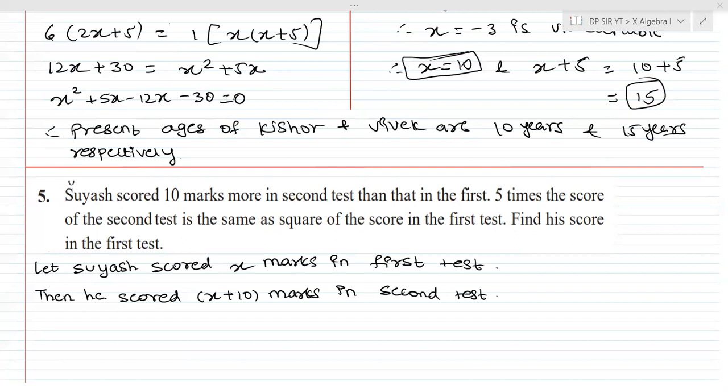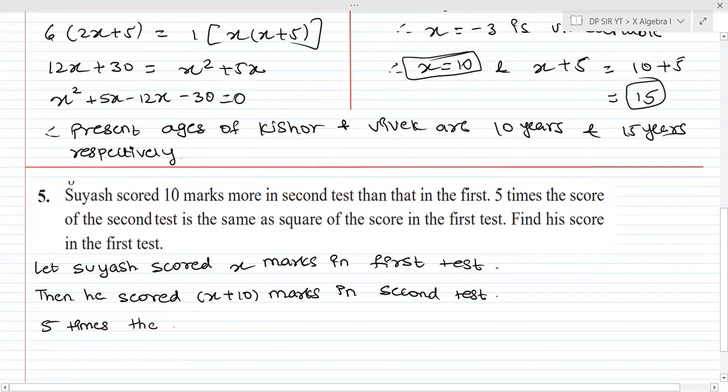Okay. So now 5 times the marks in the second test is equal to 5 times x plus 10. Second test मत लिखो, I don't know, that unit test is just roaming in my mind.